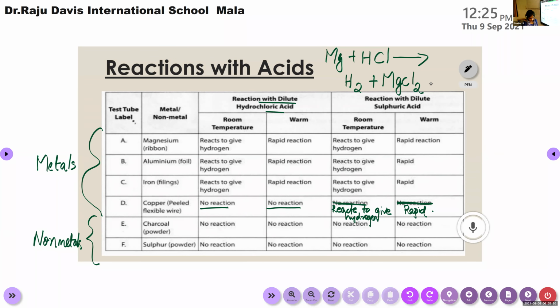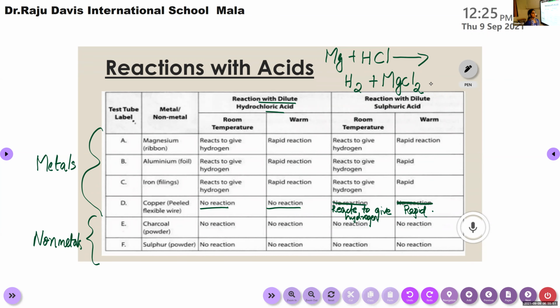In the end of this activity, bring a burning matchstick near the mouth of each test tube. In the case of all the metals, magnesium, aluminium, and iron, you can observe that it will burn with a pop sound. That means if hydrogen is produced, it will react with the fire and burn with a pop sound.